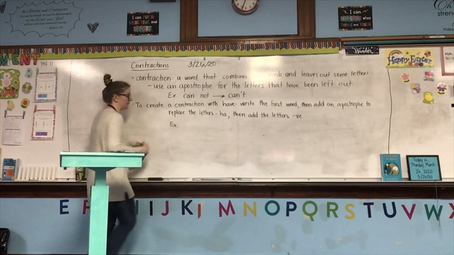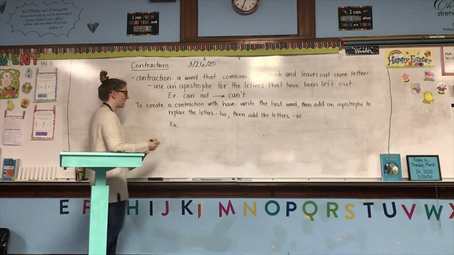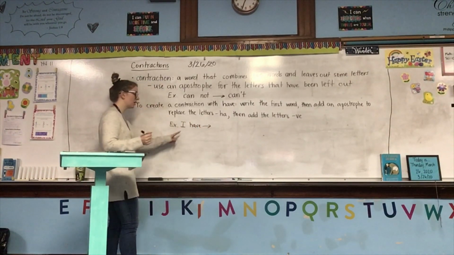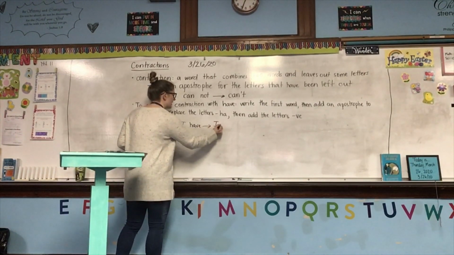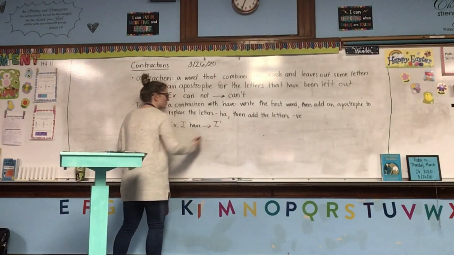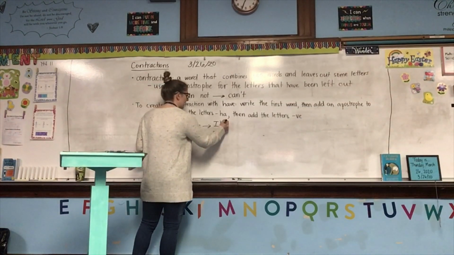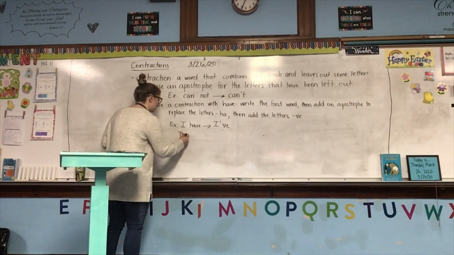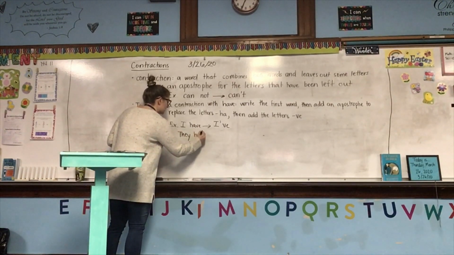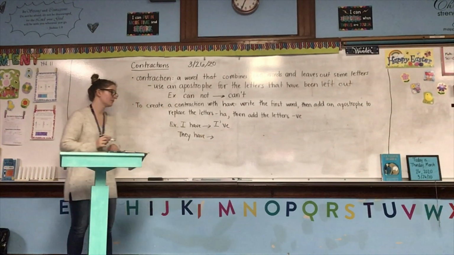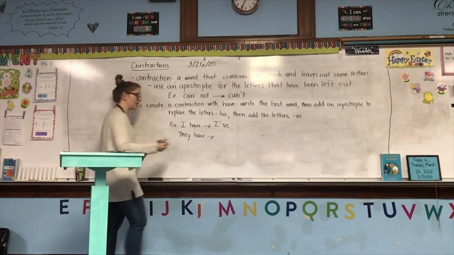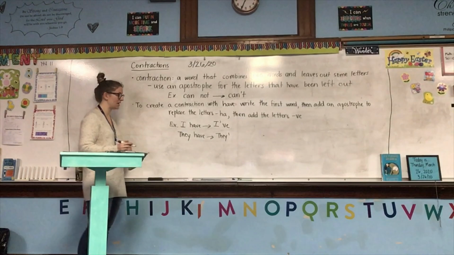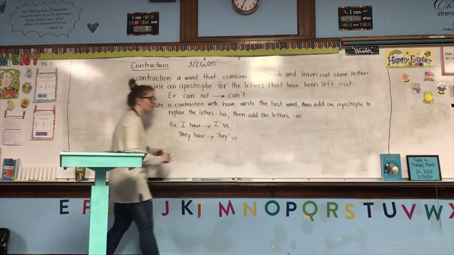So, for example, if you want to create a contraction of the words I have, you would write the first word, which is I, add an apostrophe to replace the HA, and then add the letters VE. If you wanted to write they have, you would write the first word, they, put an apostrophe to replace the HA, and then write VE.